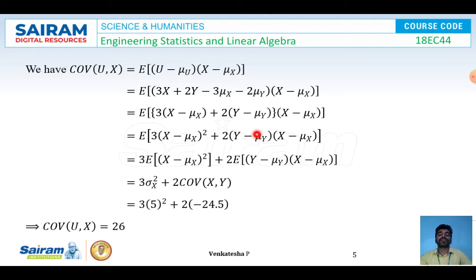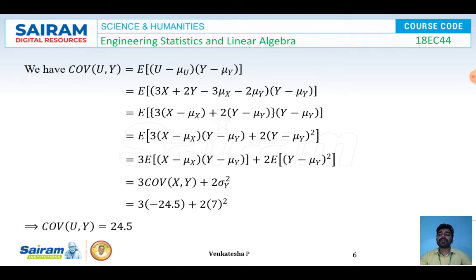So now the equation leads to 3 times of expectation of x minus mu x whole square, plus 2 times of expectation of y minus mu y into x minus mu x. So this will become 3 times of sigma x square plus 2 times of covariance of x comma y. So sigma x is 5 and covariance of xy is given by minus 24.5. Simplifying that, I got the value of covariance of u comma x is 26.